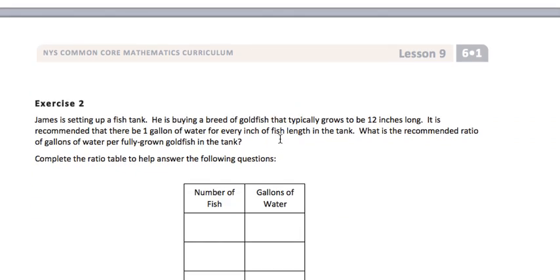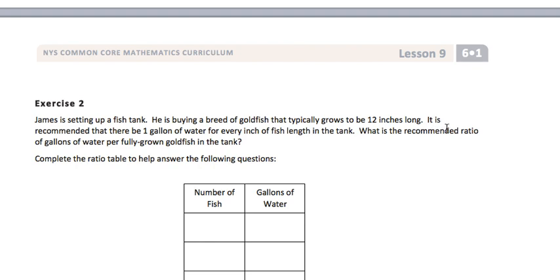Exercise 2 is about setting up a fish tank. James is buying a breed of goldfish that typically grows to be 12 inches long. And it is recommended that there be 1 gallon of water for every inch of fish length in a tank. That is the standard for all fish tanks.